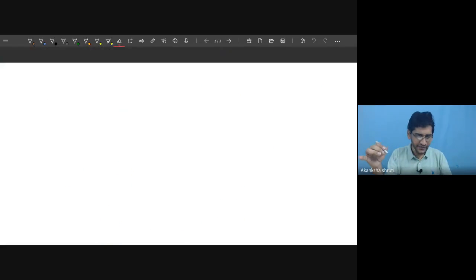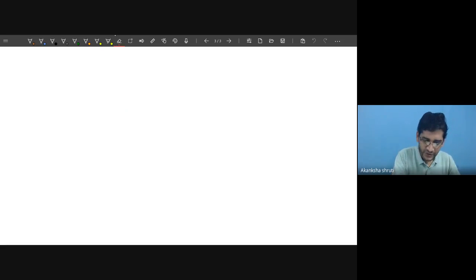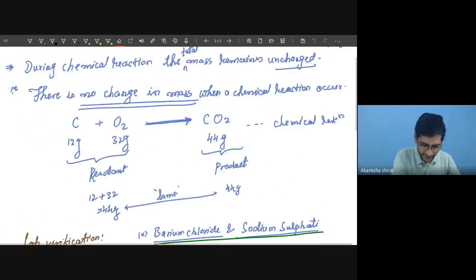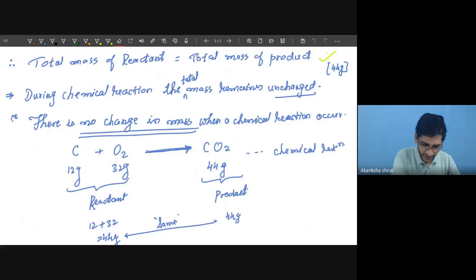So it was one law. Now let us go for the second law. Any student have any doubt, then please ask. These are important things. What is the law of conservation of mass? That you have to keep in mind. During a chemical reaction, total mass always remains the same.